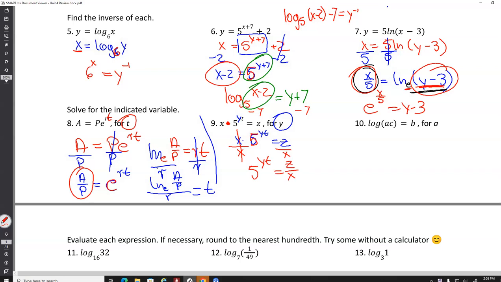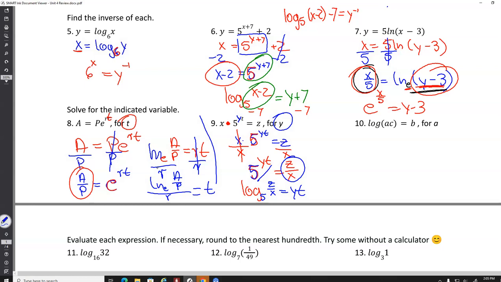Now I can turn this into a log, because this is an exponential function, to get rid of that exponent, to bring that exponent down. So my base is 5. So 5 goes here. Now again, I cannot have 5 and y over t here together. So I'm going to put whatever is on the other side, z over x, equals the exponent itself.